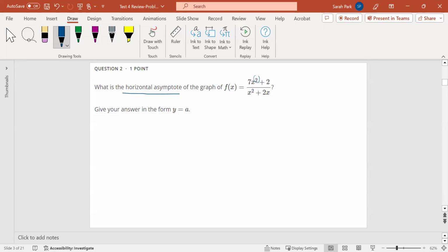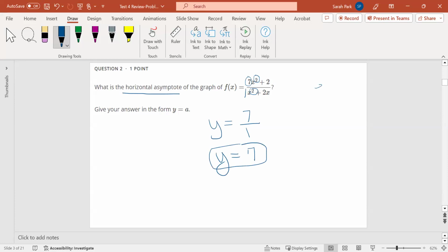Here the degree of the numerator is 2 and the denominator is 2, because they're both equal. We write y equals and divide the coefficients. The 7 over the coefficient of the denominator, which is 1. So in this case, it is y equals 7.